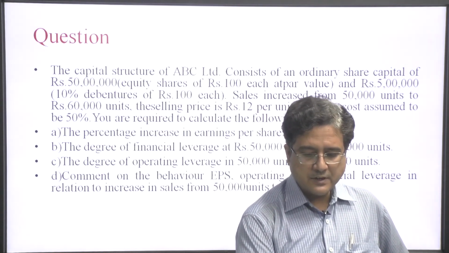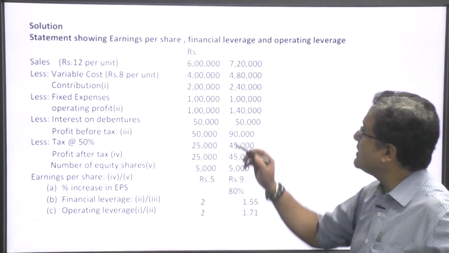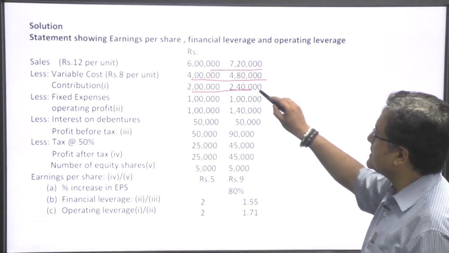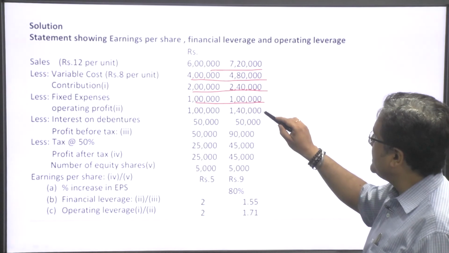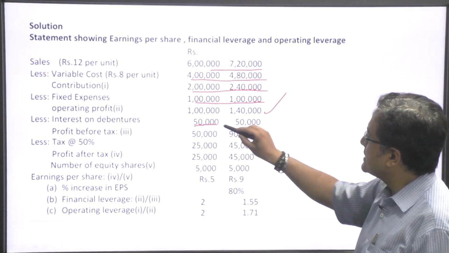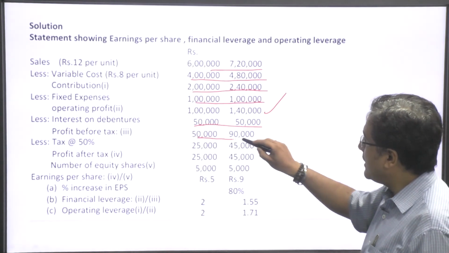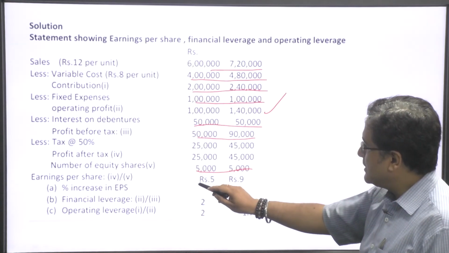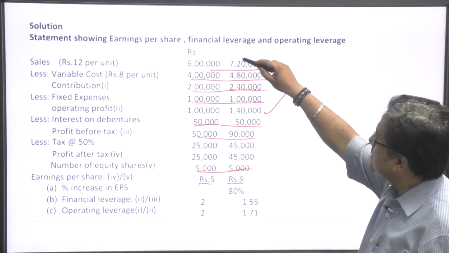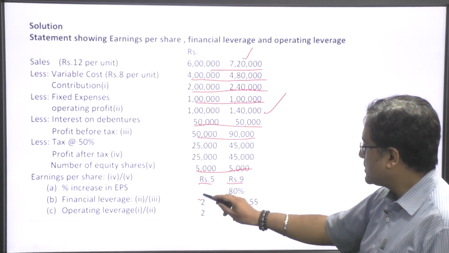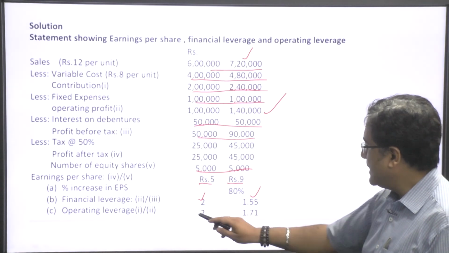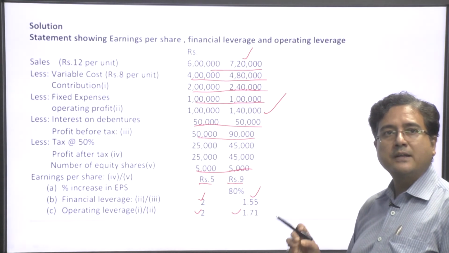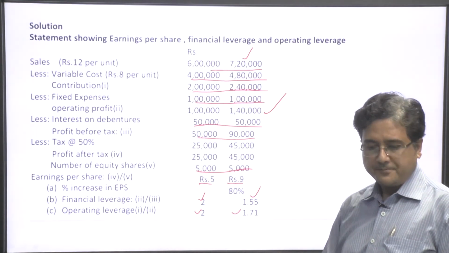Find the increase in earning per share and the degree of leverage in EPS. We have the sale price, variable cost, contribution, then fixed cost deducted, and EBIT came. From EBIT we deducted debenture interest and got profit before tax. Tax deducted, so earnings for equity shareholders came. The increase in EBIT and EPS, financial leverage was 2 before, and operating leverage also changed. So, this is a comparative study where we can find out the operating leverage, earning per share and leverage.